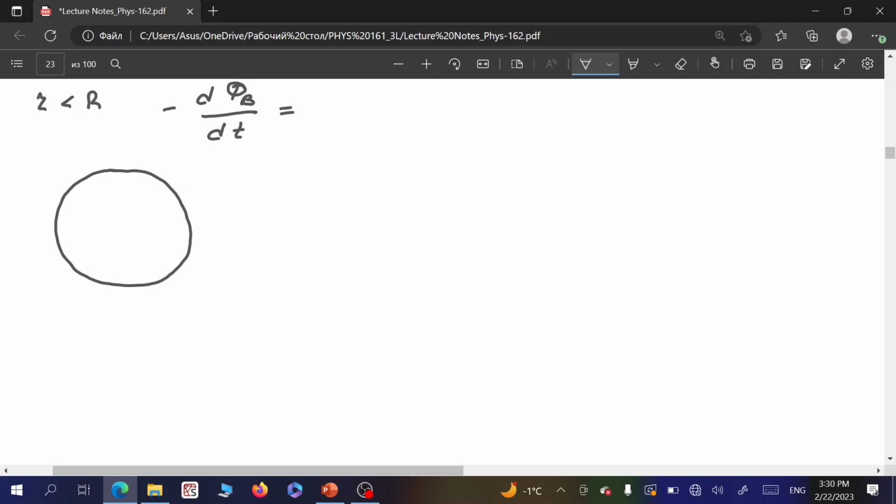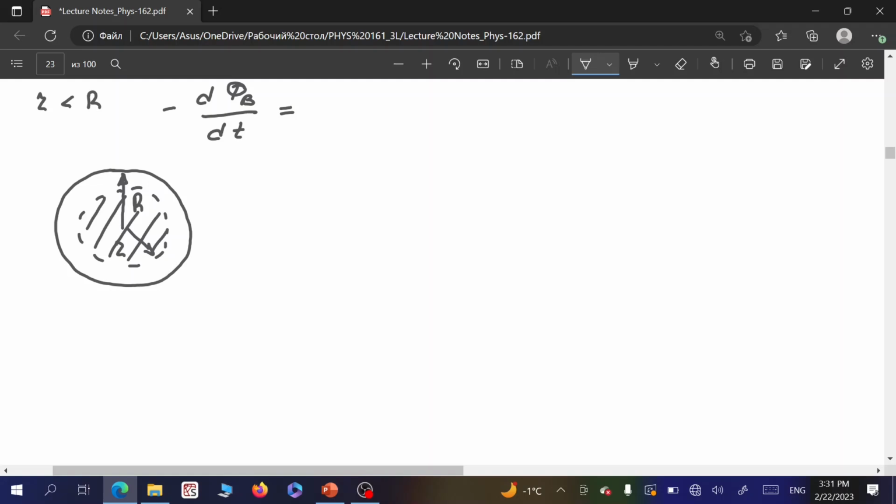And this is the radius of the solenoid R. And we deal with distance from the center r, which is smaller than capital R. So in that case, we need to consider magnetic field flux through this area of the circle of smaller radius, which is embedded into the internal volume of the solenoid.